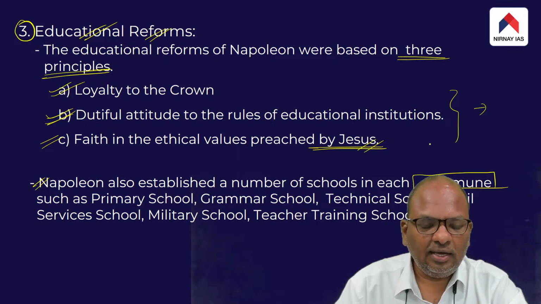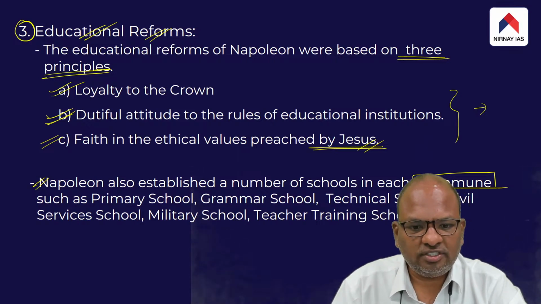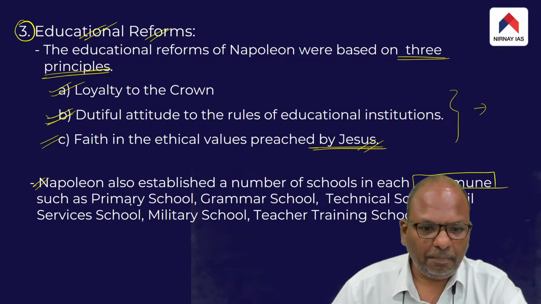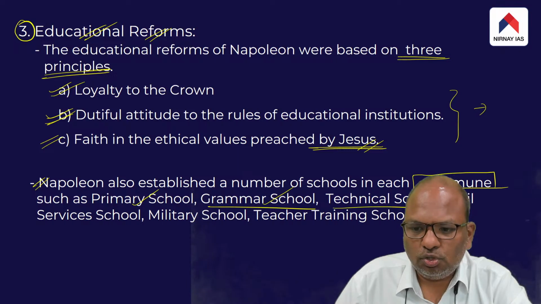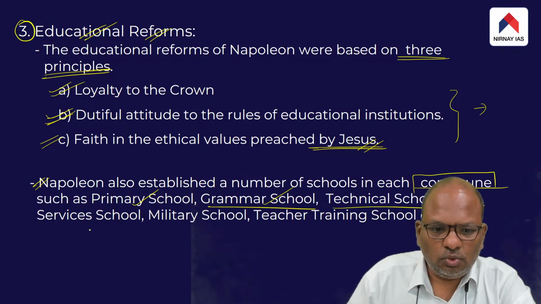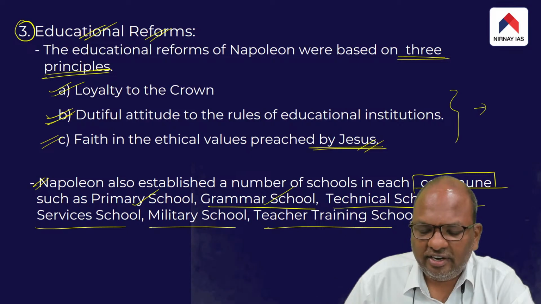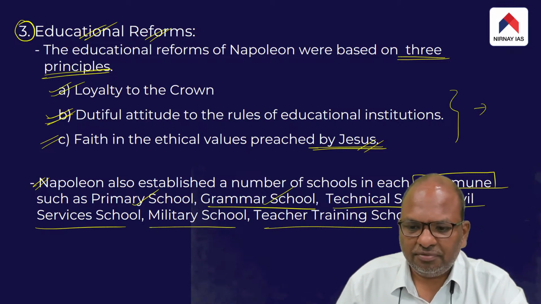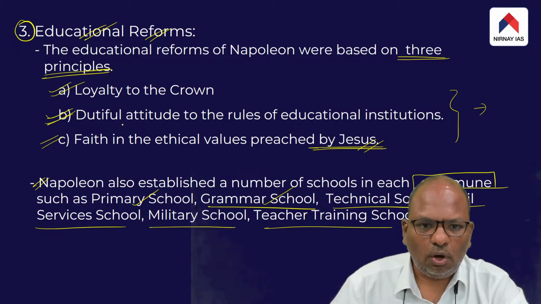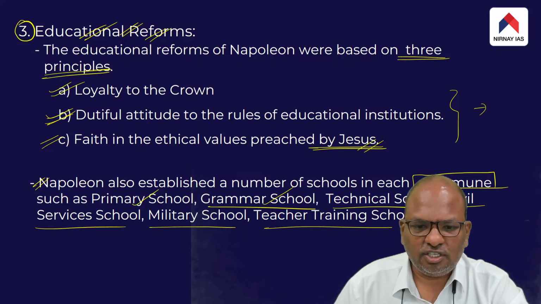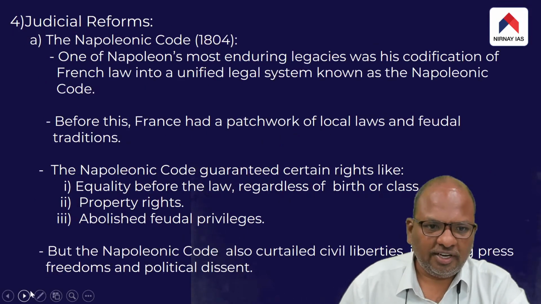Napoleon started establishing numerous schools, for example, primary schools, grammar schools, which are basically high schools, technical schools, civil services schools, military schools, and teacher training schools. All of these different types of schools were established at the level of each commune, mind you. So all of these education reforms also became very, very successful during Napoleon's time.